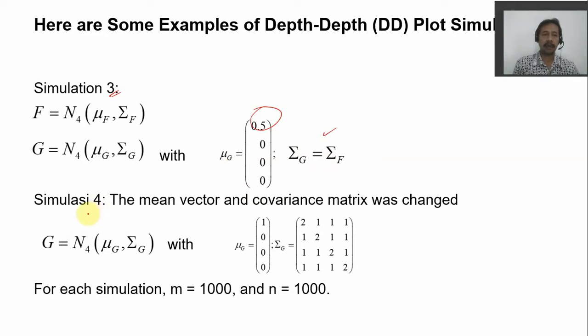Scenario number 4, the mean vector and covariance matrix were both changed. G is from a multivariate distribution with dimension 4 with mu G and sigma G, like here. And for our simulation, we use M equal to 1000 and also N equal to 1000.